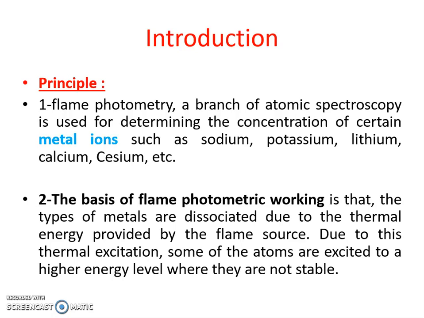The basis of flame photometric working is that the types of metals are dissociated due to the thermal energy provided by the flame source. Due to this thermal excitation, some of the atoms are excited to a higher energy level where they are not stable.